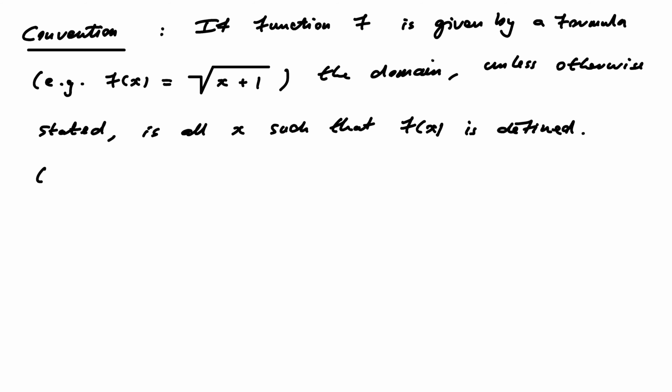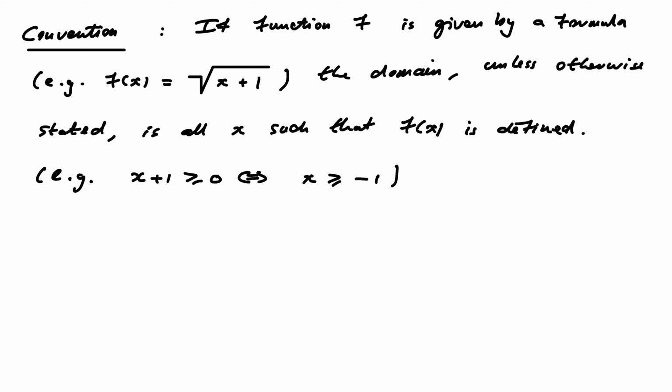So just as an example, this example, well, the square root only makes sense if you're taking square roots of non-negative numbers. So the domain would have to correspond to x plus 1 is greater than or equal to 0. So this is if and only if, of course, by adding minus 1 to both sides, preserves the inequality, x is greater than or equal to minus 1.